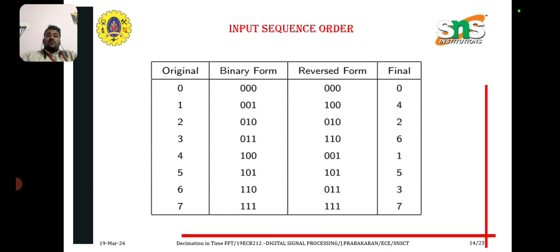For example, input sequence 0 to 7 means 8 inputs, that means 2 power 3, so we need 3 bits: 0 0 0, 0 0 1, 0 1 0, 0 1 1, up to 1 1 1, and the reversed form. For example, 1 is 0 0 1, and its reversed form is 1 0 0. Its bit reversal form: the bit reversal form of x of 1 is x of 4.